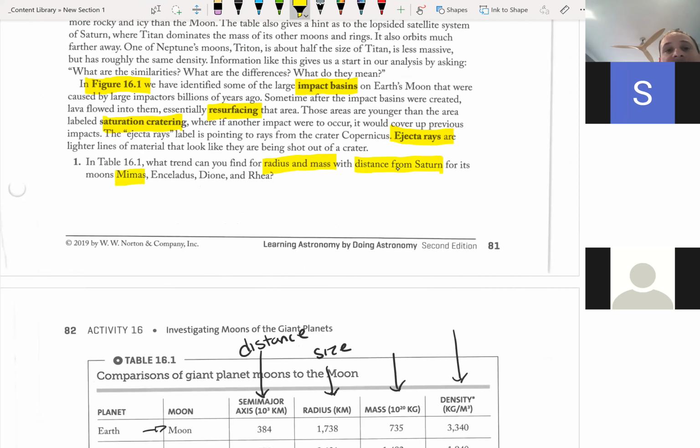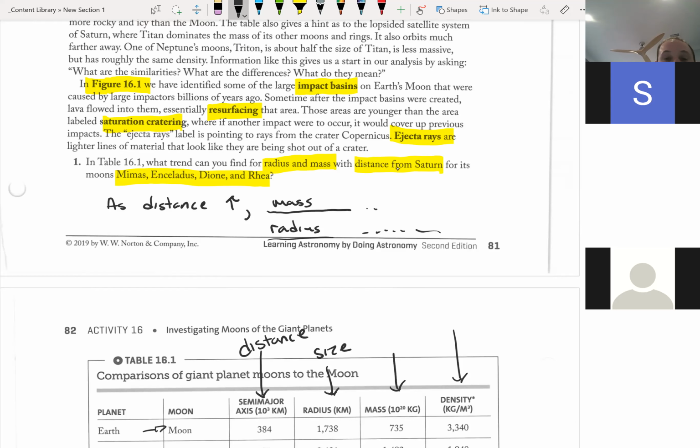You should really start this answer like this: as distance increases, blank, comma, mass does what? As distance increases, the radius does what? And then your answer kind of goes behind that.